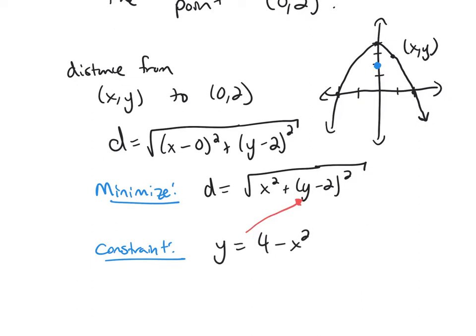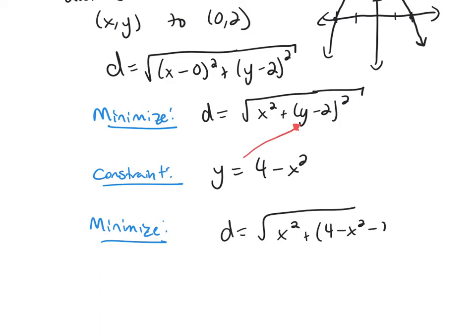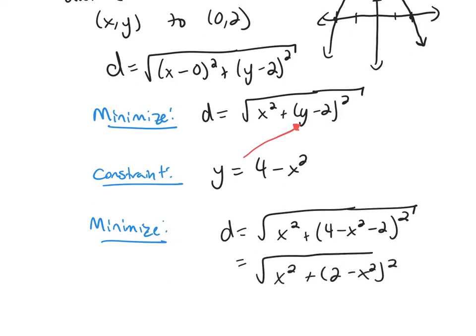So we want to minimize d equals the square root of x squared plus 4 minus x squared minus 2 squared. So x squared plus 2 minus x squared squared.